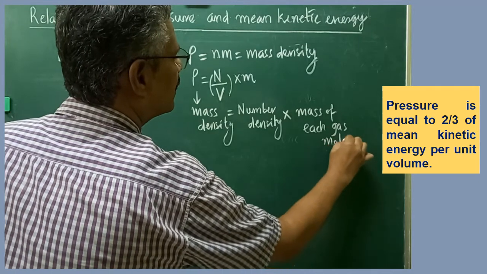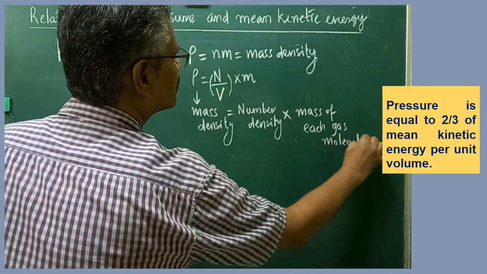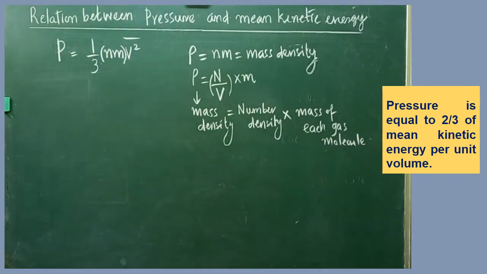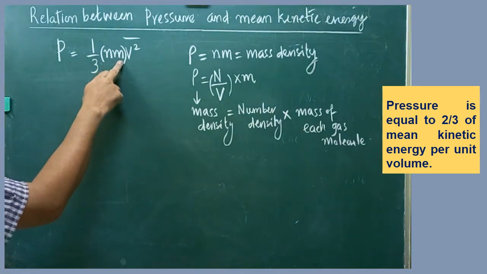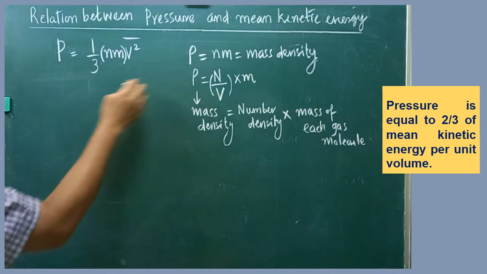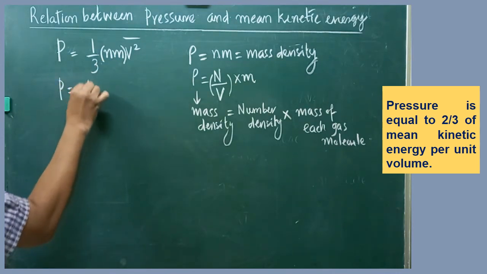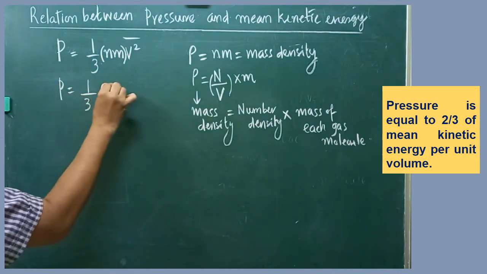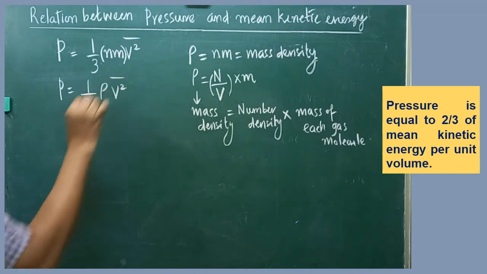This is the appropriate formula. Don't get confused. Are you clear? So here this n into m is expanded. Therefore n into m can be replaced by rho. So pressure is equal to 1 by 3 rho v square bar can be written.